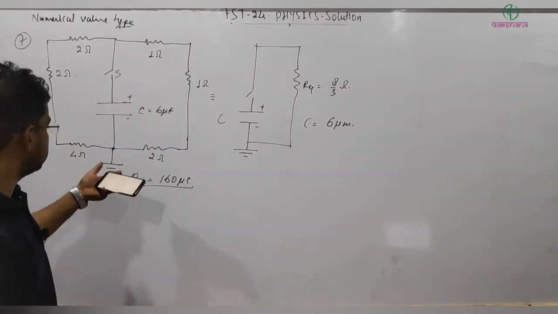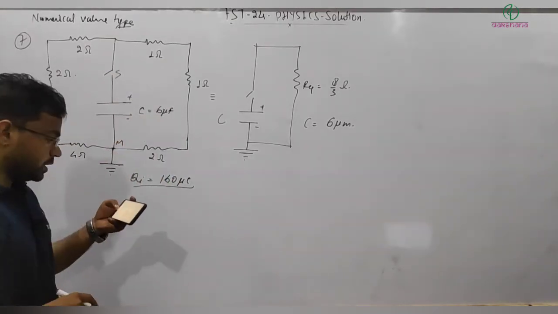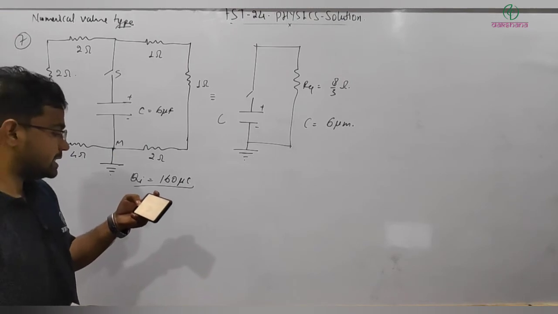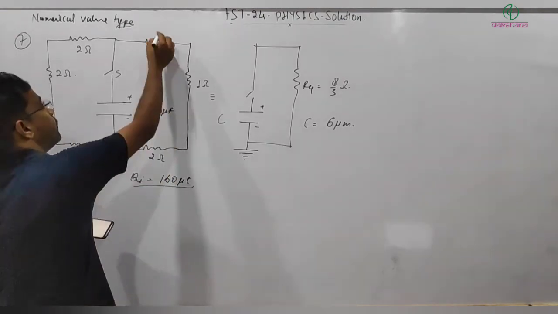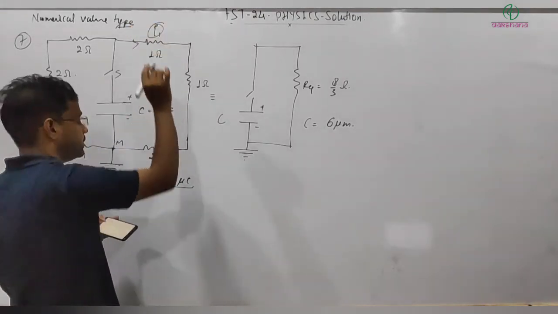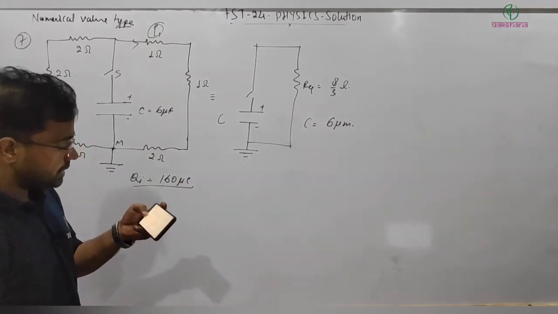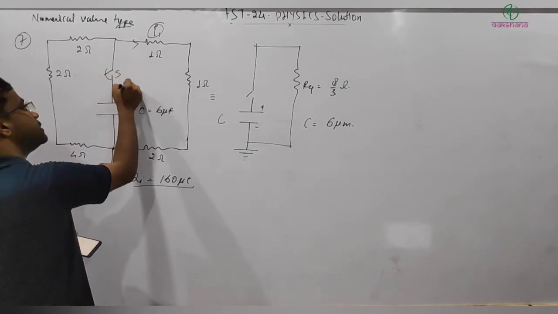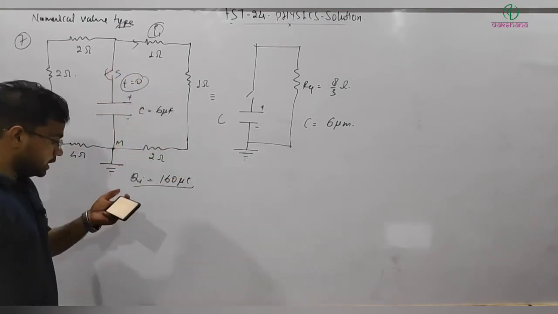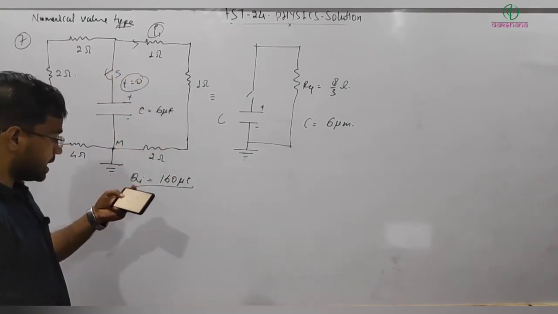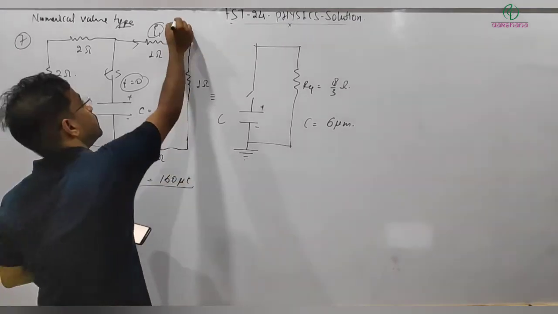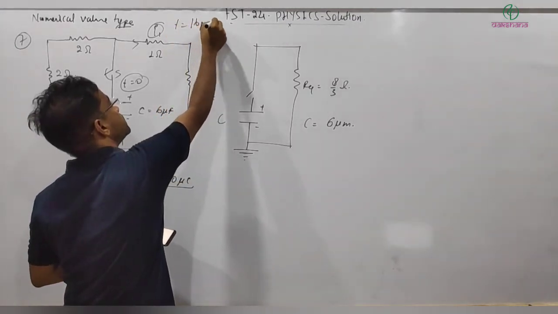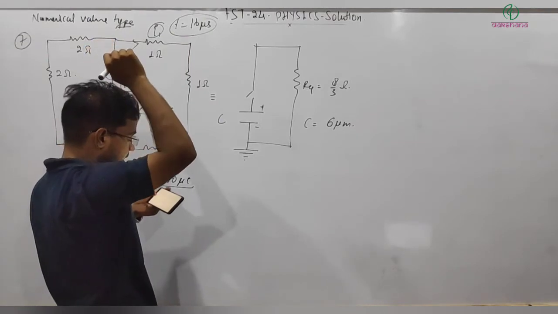Point M is grounded. At t equal to 0, the current through the resistance R equal to 1 ohm, let's say I1. And if the key is closed at t equal to 0, find the current through the resistance R equal to 1 ohm at t equal to 16 microsecond.